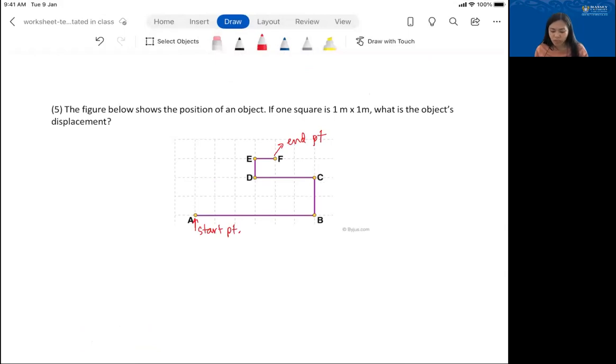And it says 1 square is 1 meter by 1 meter. So this is 1 meter, that's 1 meter. Okay, how do we find the displacement? So displacement, we use delta x. Delta x is how far away the object is from the starting point. And it's a straight line from the end point to the starting point, right?